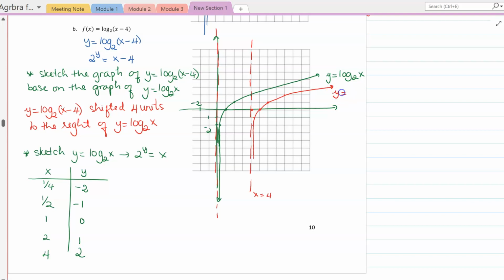So this is y equal log base 2 of x minus 4. We have the domain is from 4 to infinity, and the range is from negative infinity to infinity.